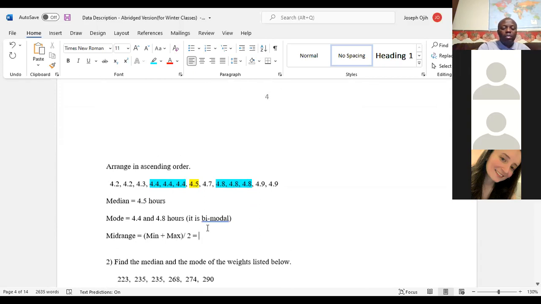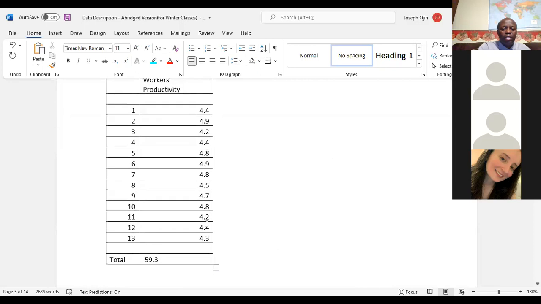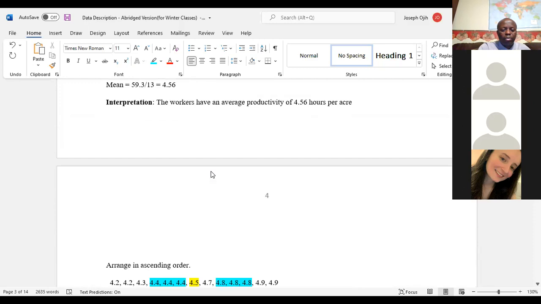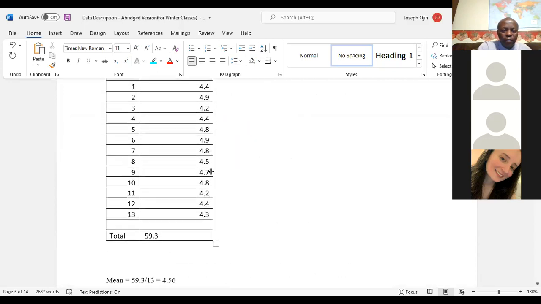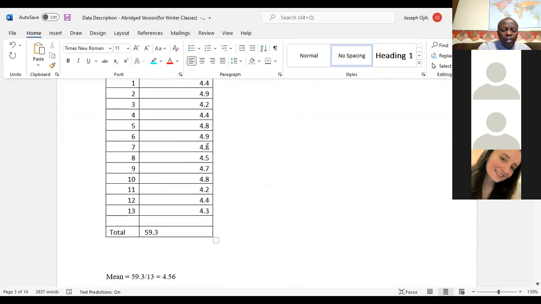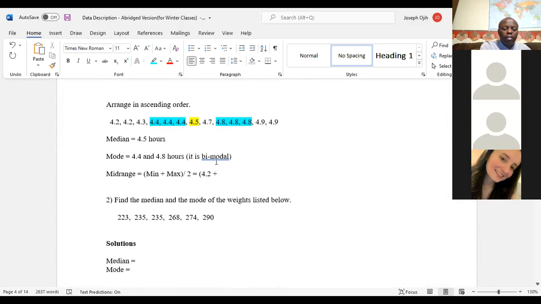So in this case, the smallest value here is, I believe, 4.2. Am I right or wrong? You're right. 4.2. So you have 4.2 plus the maximum, largest value here, which I think is 4.9. Yes, 4.9, and divided by 2.